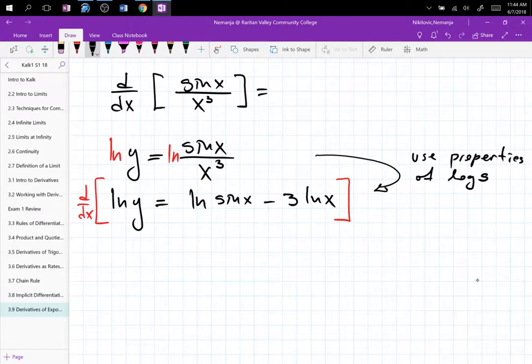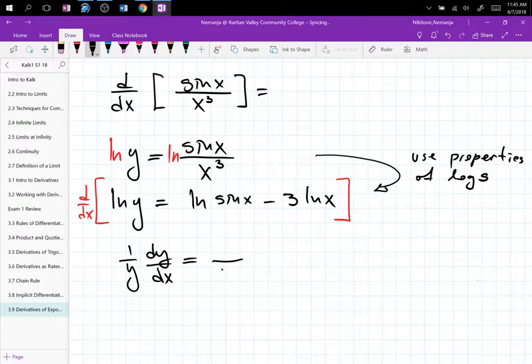On the left-hand side, the derivative of ln y is 1 over y times dy dx. If you remember your implicit differentiation, you were taking the derivative of y with respect to x, so you have to follow with a chain. On the right-hand side, you are taking easy derivatives. It's ln derivatives.